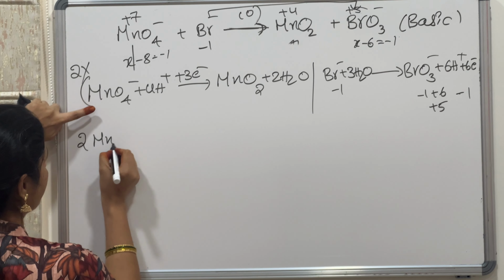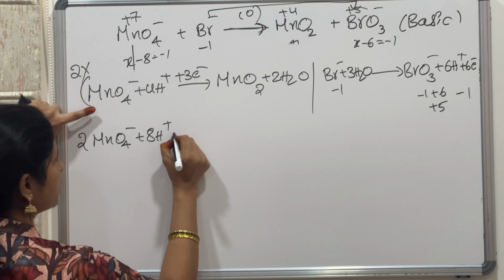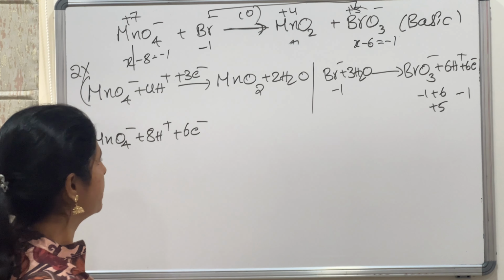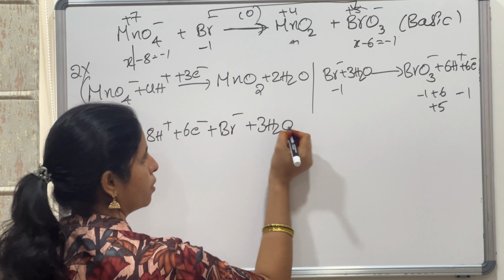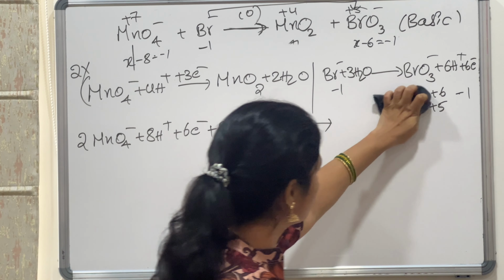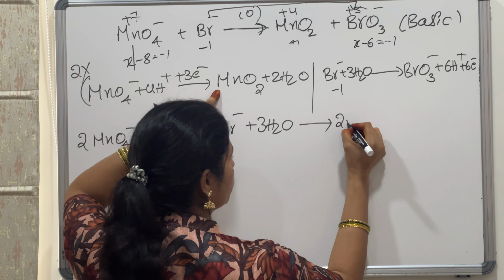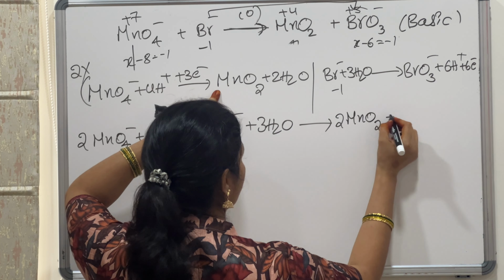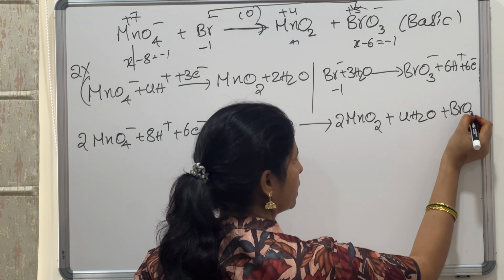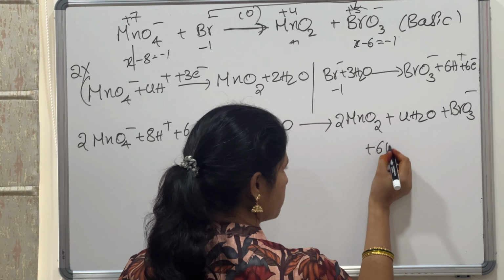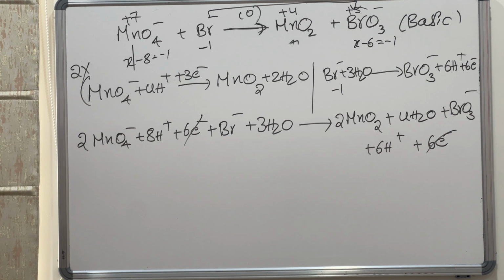It is 2MnO4 minus, 2 4s are 8H plus, 2 3s are 6 electrons on this side, plus Br minus plus 3H2O gives rise to 2MnO2 plus 2 2s are 4H2O plus BrO3 minus plus 6H plus 6 electrons. These 6 electrons will get cancelled.